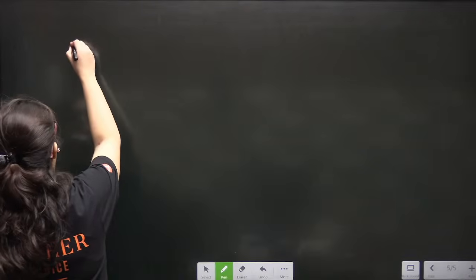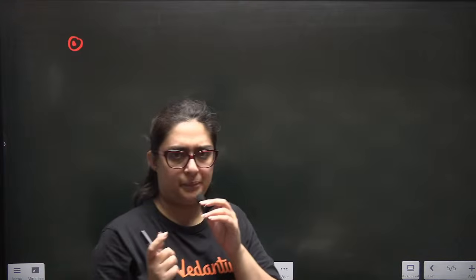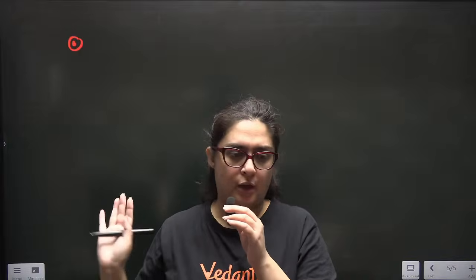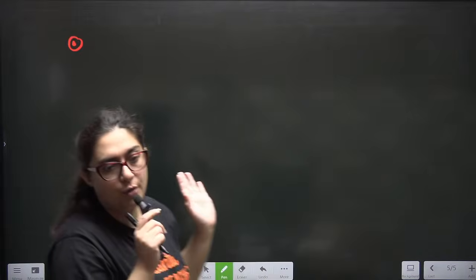Now, if we discuss, this whole nervous system is composed of only neurons. Only and only neurons. The nervous system has three parts: central nervous system, peripheral nervous system, and autonomic nervous system. Nervous system means it is blessed with the presence of neurons. Okay.